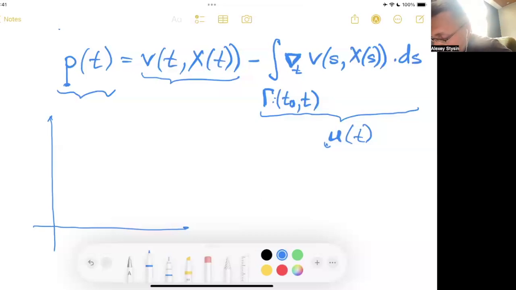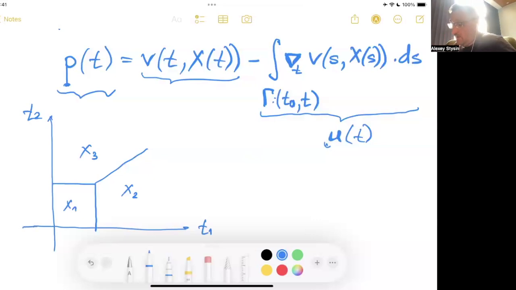Let's for example take a look at the two-dimensional case T2 and T1. So there are two dimensions, and it could be that there is a set of outcomes maybe looking something like this. So here we get the outcome x1, here we get the outcome x2, and here we are going to get outcome x3, right?